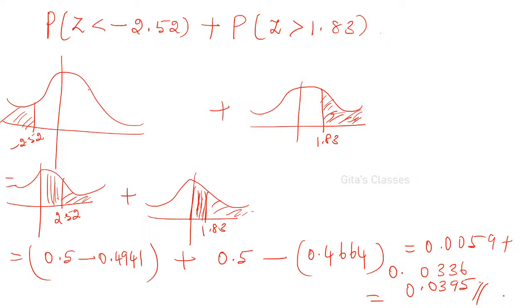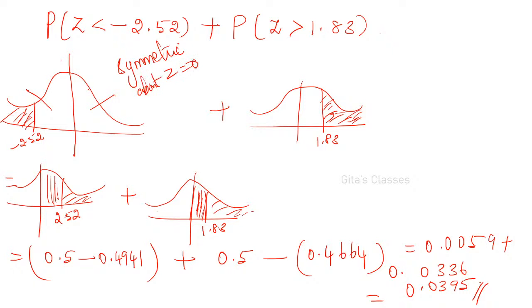Because it is symmetric. See, the curve is symmetric, like a mirror image. Whatever you have on the left hand side will be equivalent to the right hand side, because this curve is symmetric about the line z is equal to 0.